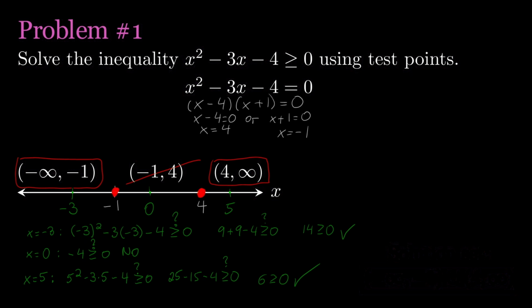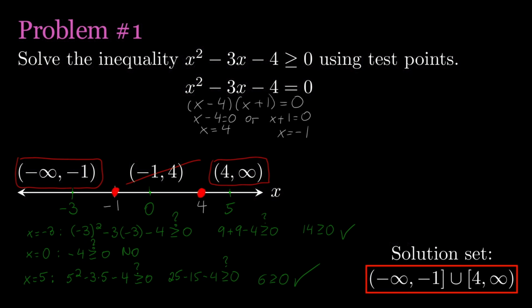And because they belong, I have to use brackets for these endpoints, at -1 for the first interval and for 4 for the second interval. So the solution set is the union of those two intervals, from -infinity to -1, closed at -1 because it includes that endpoint, union with the interval from 4 to infinity with that left endpoint 4 included. And that is the solution set for that inequality.